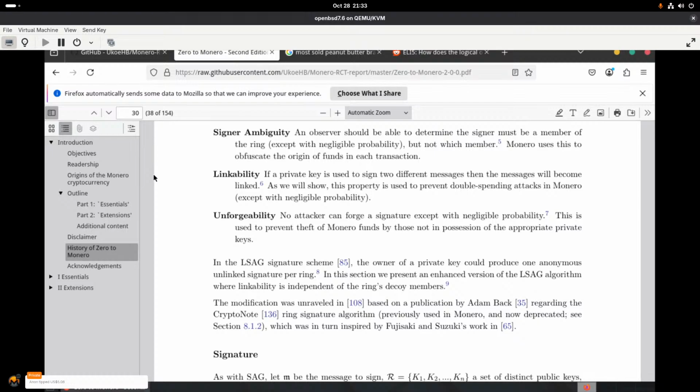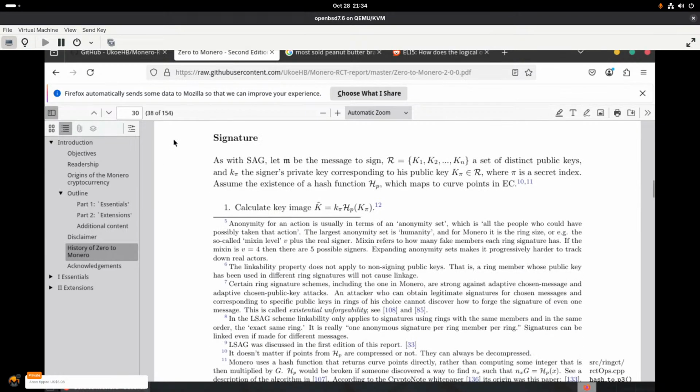In the LSAG signature scheme, the owner of the private key could produce one anonymous unlinked signature per ring. In this section, we present an enhanced version of the LSAG algorithm where linkability is independent of the ring's decoy members. Signature.